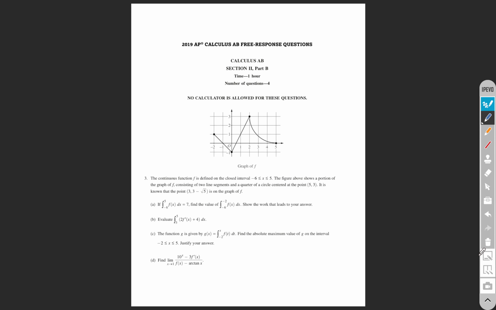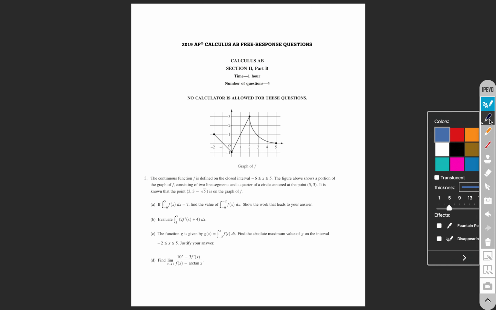It is known that the point (3, 3 - √5) is on the graph of f. If the integral from -6 to 5 is equal to 7, find the value of the integral from -6 to -2. Show the work that leads to your answer. So that's where we're going to begin.